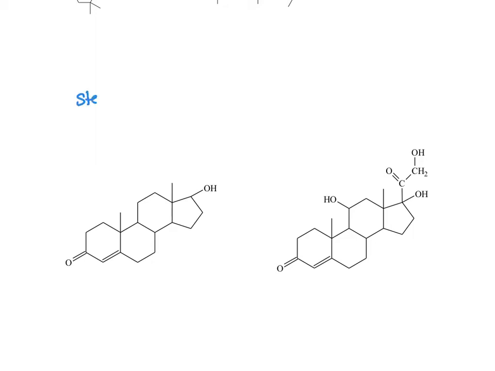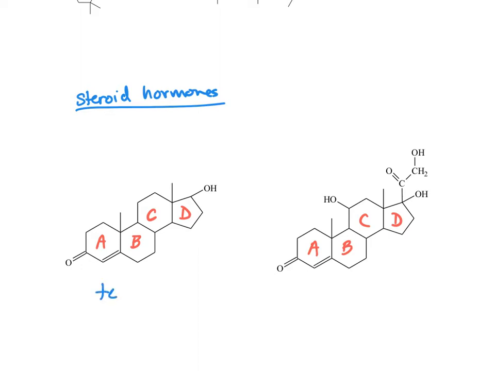I'm going to call this section steroid hormones, because what we can see here is two molecules that have the standard steroid core, A, B, stagger to C, and then D with 5 carbons, A, B, C, D. And as promised, what we can do is have different attachments to the steroid core and get different molecules and different functions. This molecule is called testosterone.